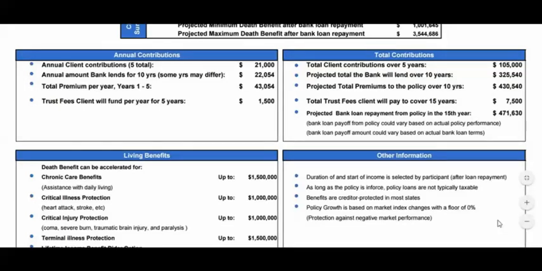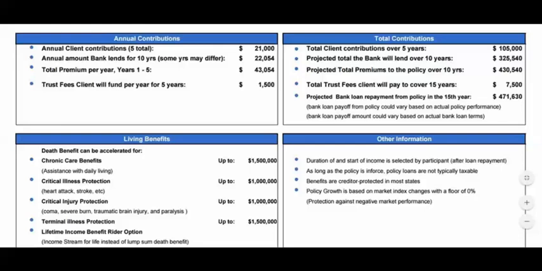So not only would they have gotten the life insurance if they died, but if they don't die, but they just had an illness, look here in this benefit section down here called living benefits in this left corner. We have living benefits that will pay if they have a chronic illness up to $1.5 million. So this is incredible.